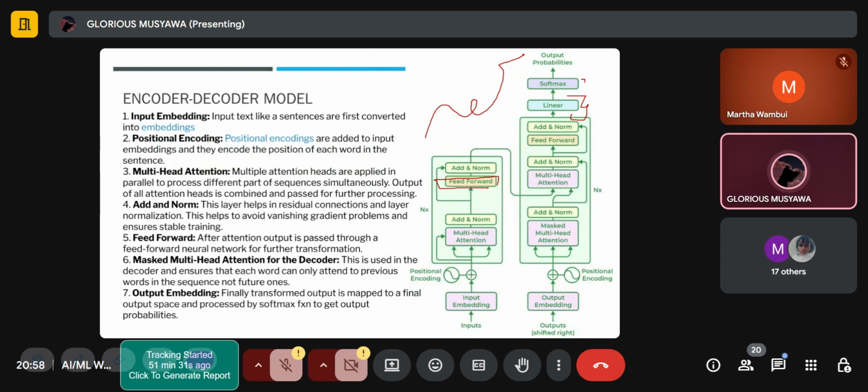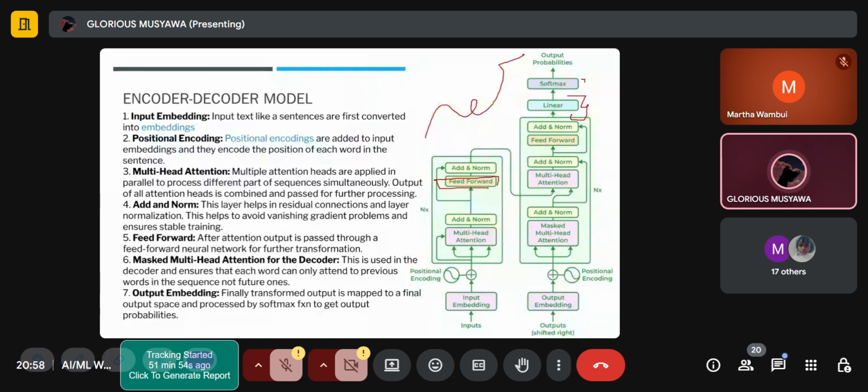Then we talked about positional encodings. They are added to input embeddings and they encode the position of each word in the sentence. Because also how the words are arranged in a sentence matters for context purposes. Does this verb come before a noun or after a noun? Is it trying to explain the noun?